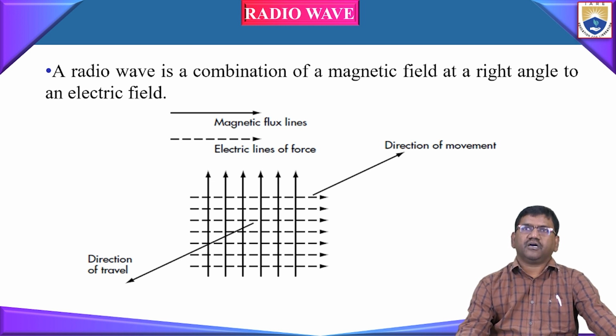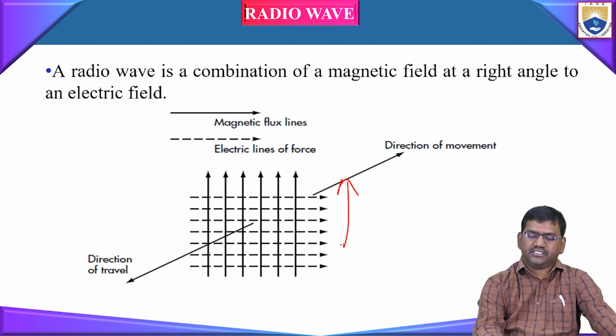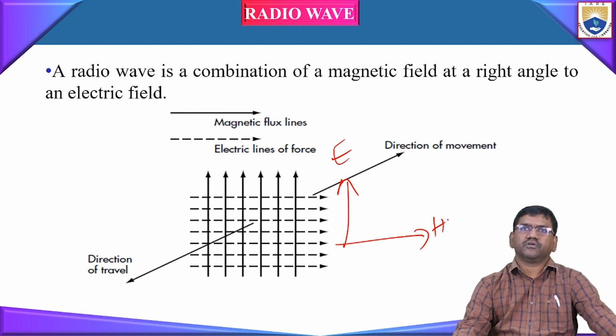The radio wave is a combination of a magnetic field at right angle to an electric field. You can see here the electric lines of force and the magnetic lines of force, where E and H are perpendicular to each other.